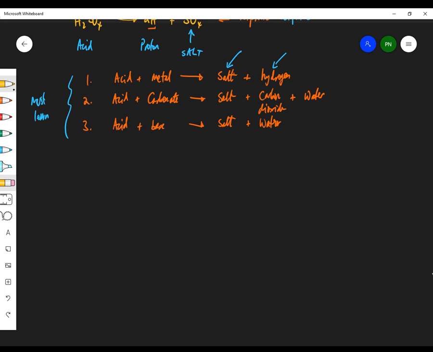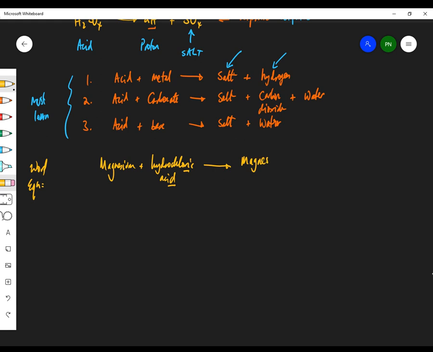Let's use magnesium, it's always a good metal to use, and hydrochloric acid. By the way, these are word equations, and when you're writing a word equation, the second word of the word equation should be on a different level. I'll try and explain it more.